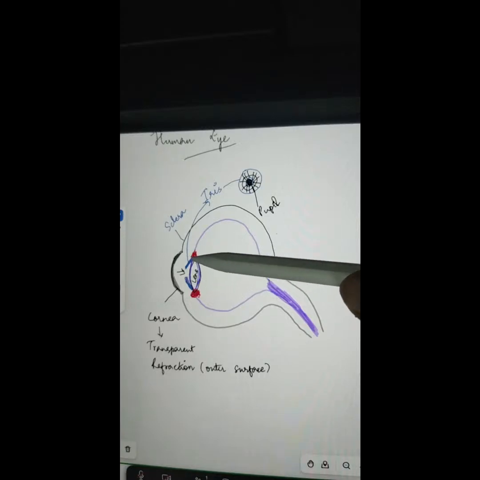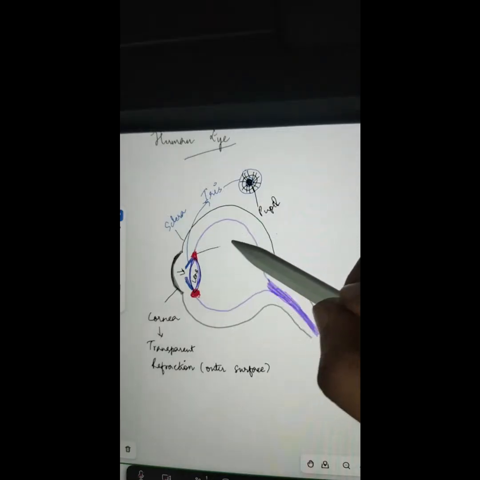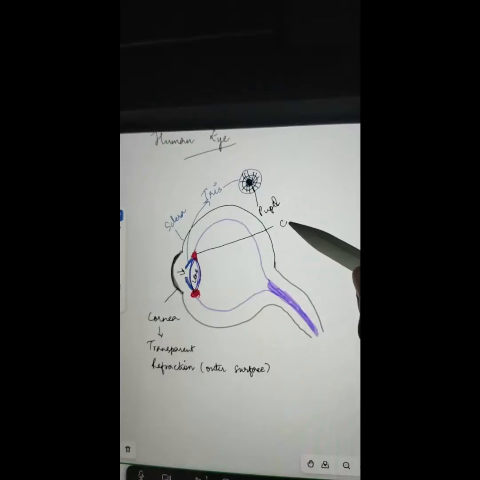This red part which is at the top of the lens is known as ciliary muscle. Again, the word muscle is there, so definitely they will be doing contraction and relaxation. We will be studying the role of ciliary muscle in a while. Ciliary muscles may relax or they may contract. Once we are seeing distant objects, meaning the far objects, ciliary muscles will be relaxing.